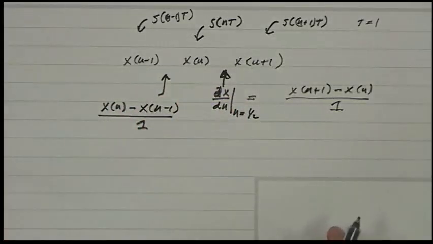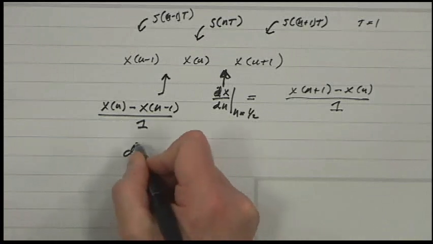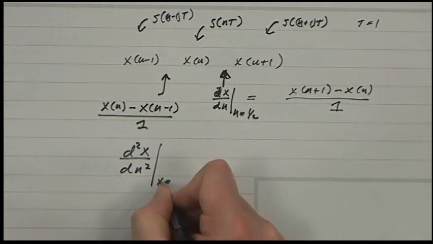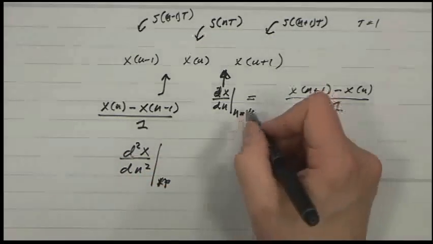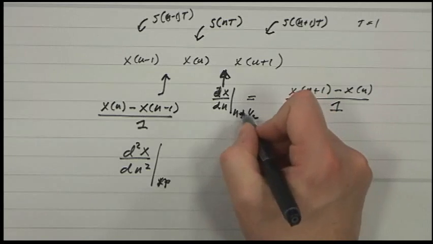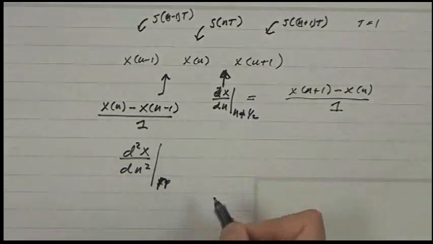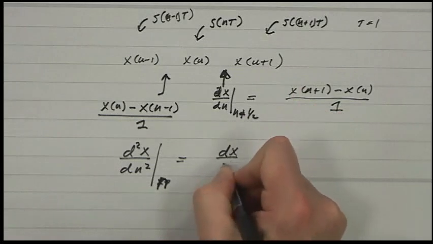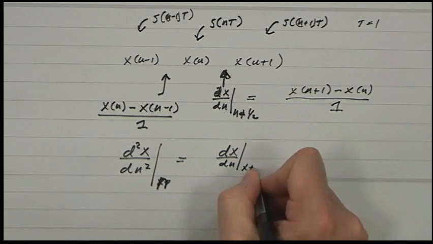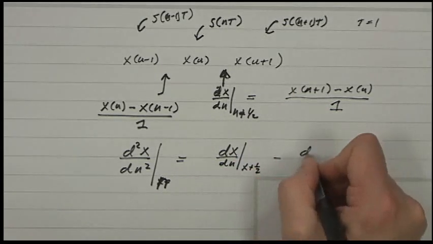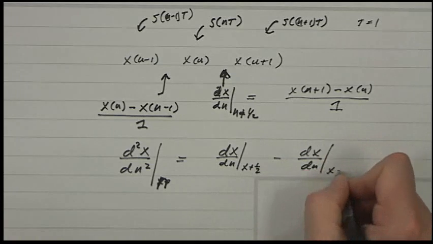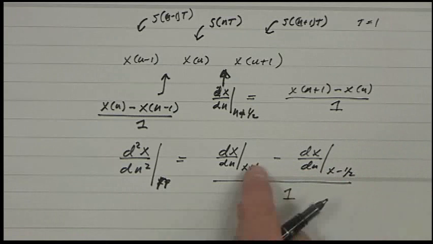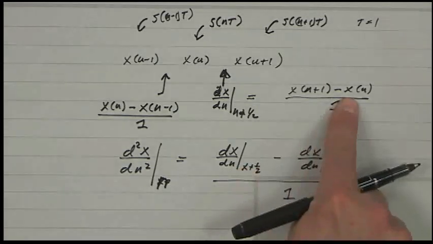Okay, fine. Now, if I want to compute the second derivative, so I want to compute d squared x / dn squared evaluated at n, okay, this is n plus 1/2, and this would be just at n. Well, to do that, what I do is I take dx/dn evaluated at n plus 1/2 minus dx/dn evaluated at n minus 1/2, right? And I divide by 1. Well, I calculated those, because that's this, right?